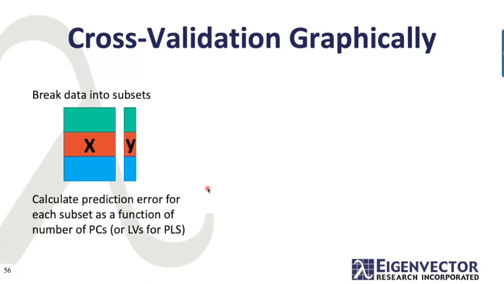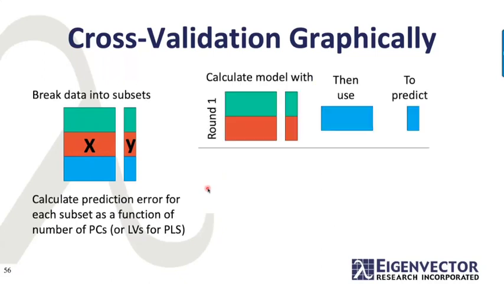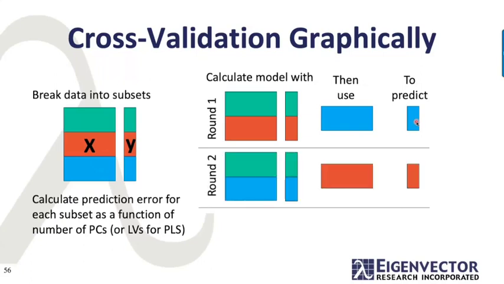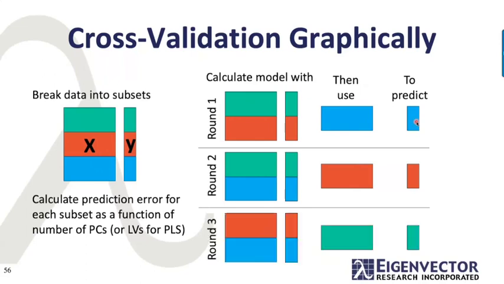And in the first round, I'd calculate the model with the first two parts of the data and then use this third part of the spectra to predict its associated property values, and then repeat that. Now leave out the red part and make a model on the green and the blue and make a prediction from the red. And then in round 3, I'm leaving out the green part.